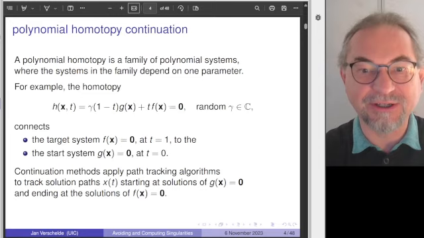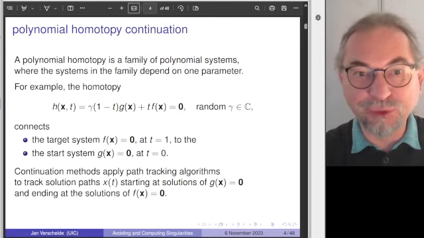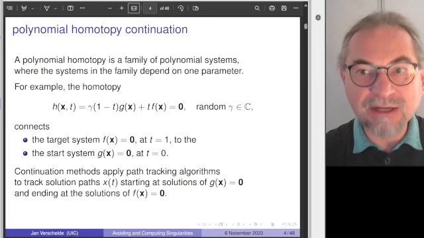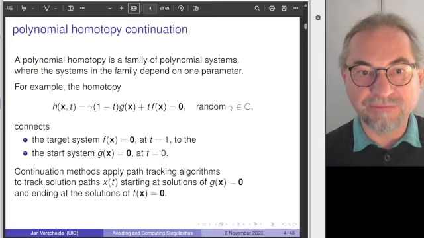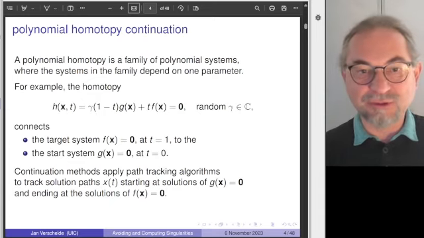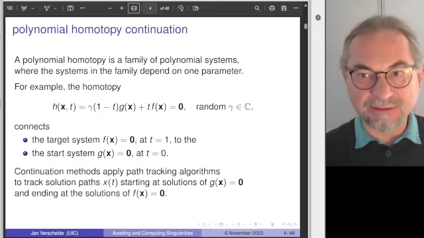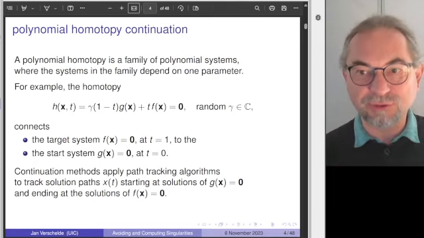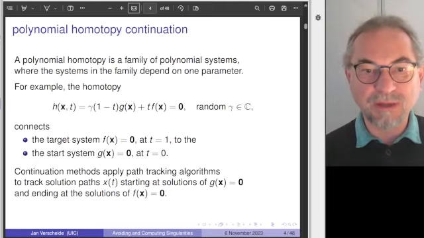That's essentially it. We have already computed the start solutions, and the homotopy defines solution paths starting at those known solutions and ending at those solutions that we want to compute.